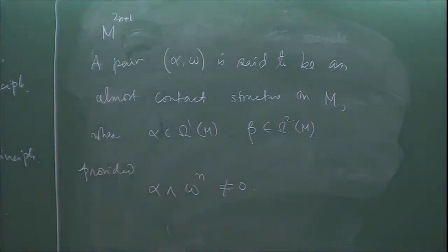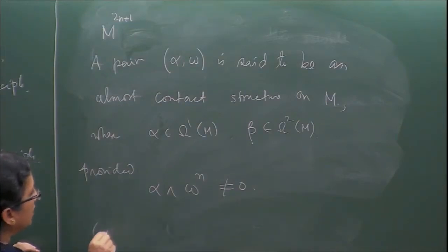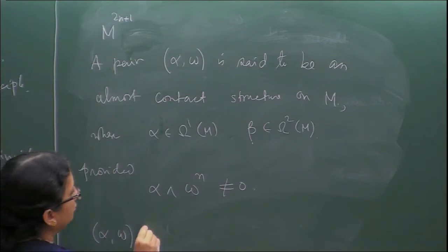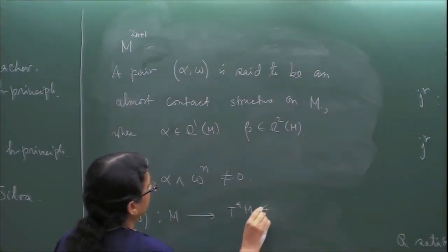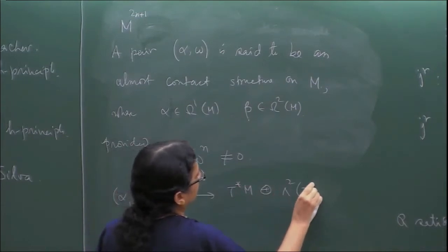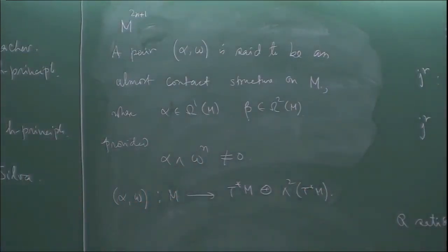Recall alpha wedge d alpha to the power n non-vanishing means alpha is contact. So d alpha I am replacing by an arbitrary two form. Now there is no differentiability or anything here. So you can view this as a section of this bundle.